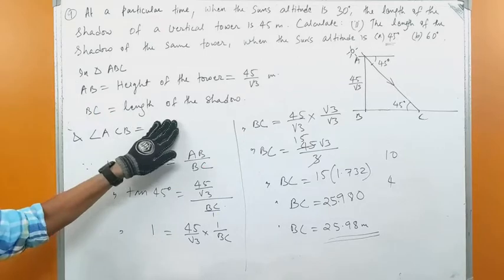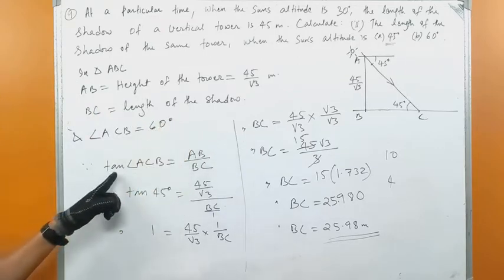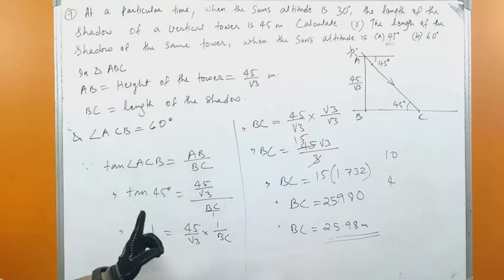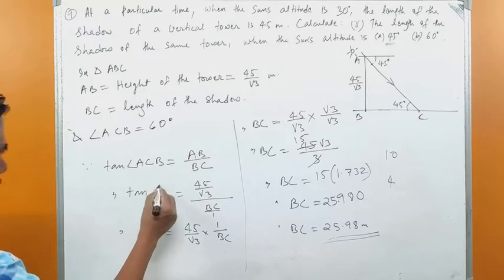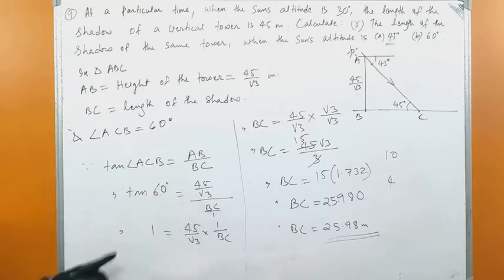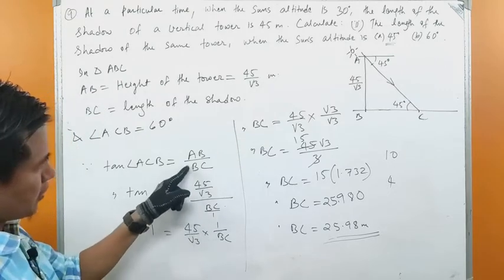Now let us do the next question, that is B, when the angle of elevation, or when the sun's altitude, is 60 degree. Tan of angle ACB is AB by BC, same thing. Instead of ACB we write 60 degree. So tan 60 equals 45 by root 3 upon BC.